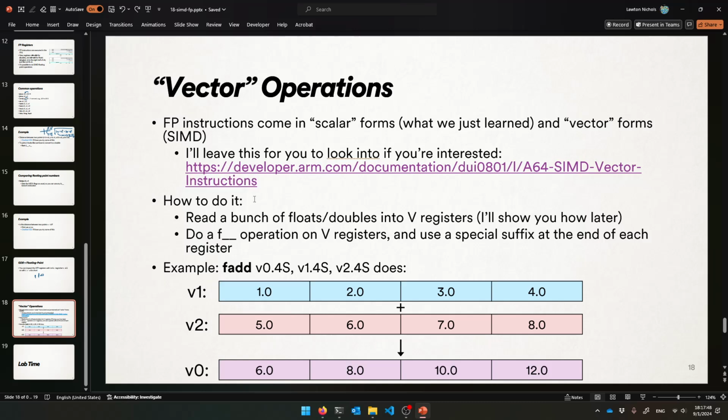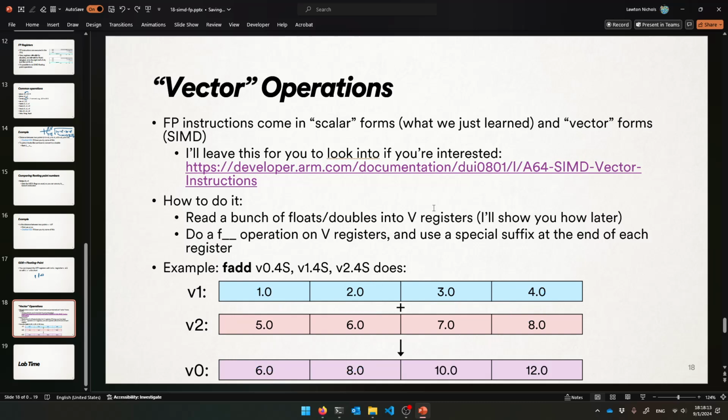If you want to do a bunch of floating point instructions at once, you would read a bunch of floats, a bunch of doubles, into not D or S registers, into V registers. I'll show you how. So like you can section off a V register to be like, it can hold, if it's 128 bits, it can hold 4 separate 32-bit floats, can't it? You can put 4 separate floats in a V register and do that a few times.